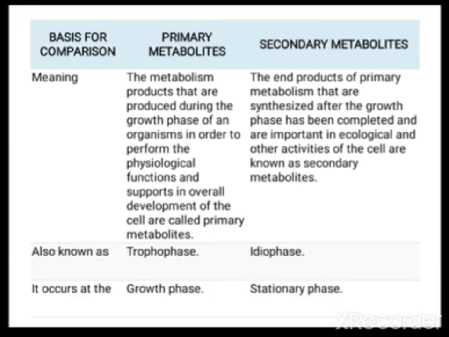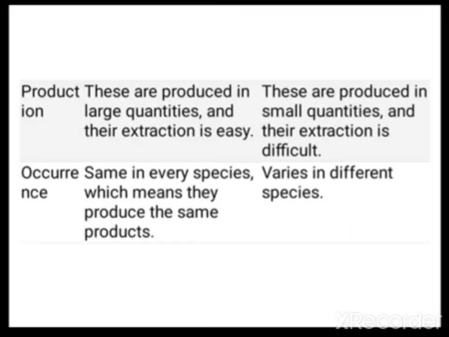Next difference, primary metabolites are produced in large quantities and their extraction is easy, while secondary metabolites are produced in small quantities and their extraction is very difficult and tedious.